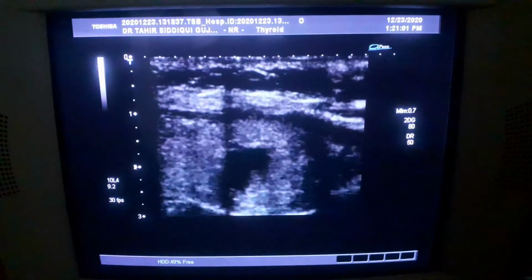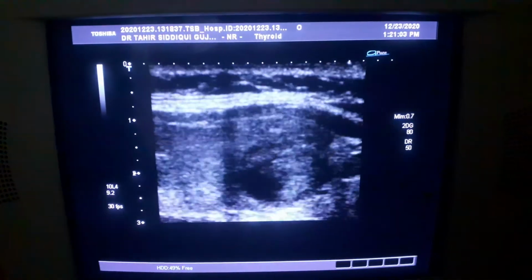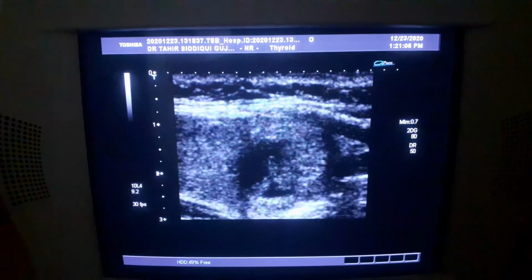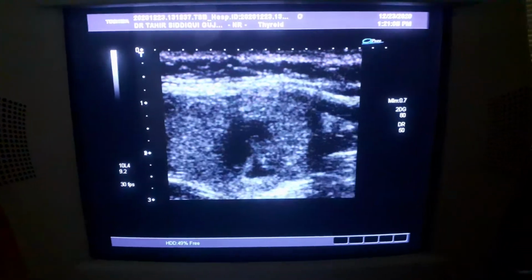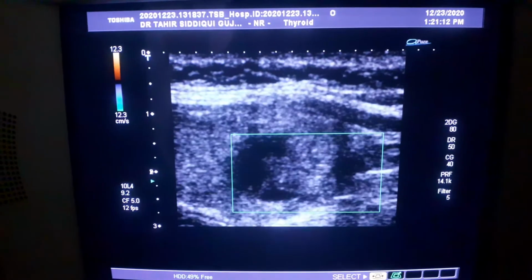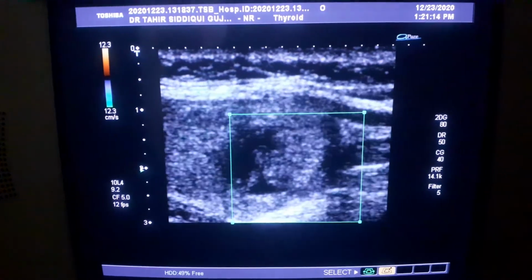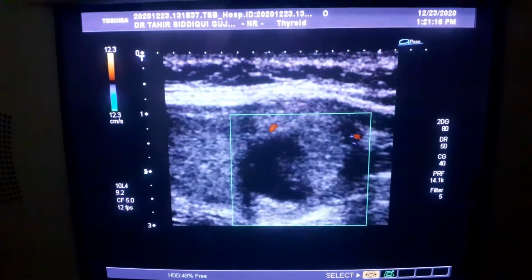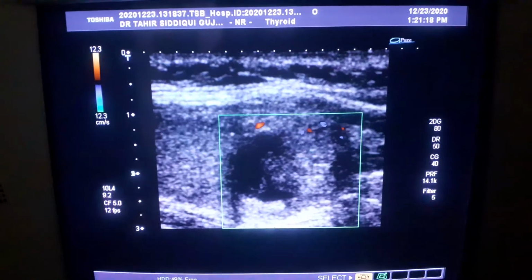These are areas of degeneration. As such, no solid element is seen, and it does not show any vascularity within.